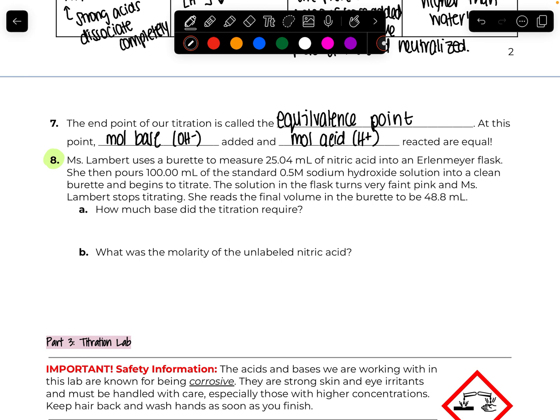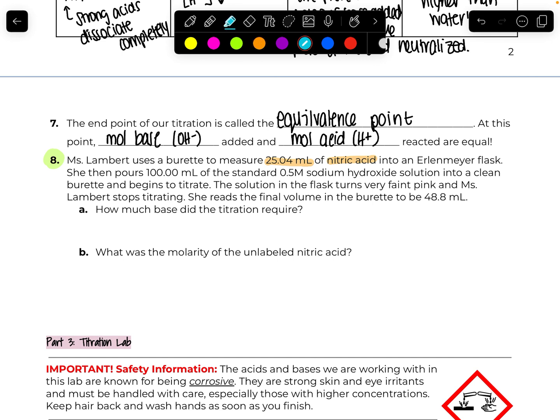Okay, here's your example. Let's say I have some nitric acid. I use a burette and I measure out 25.04 milliliters of nitric acid into an Erlenmeyer flask. So this is my unknown, my analyte. I know my volume. I do not know my concentration of it. It is what I'm going to titrate.